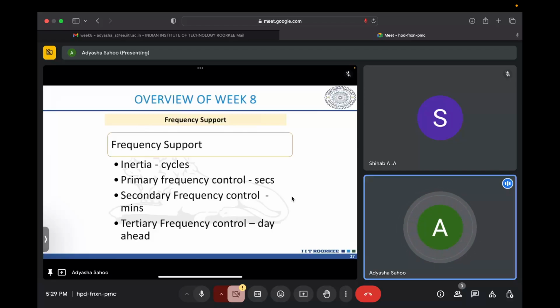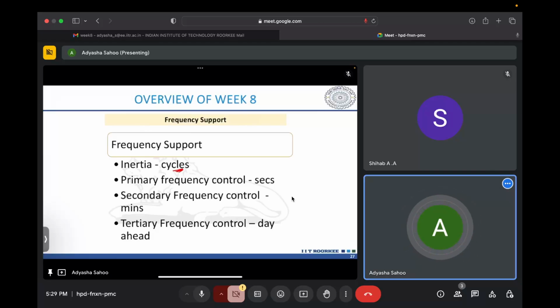The first action that takes place is your inertia, which happens on a time scale of cycles. Since these generators have very heavy rotational parts, the kinetic energy stored in these machines is used to support the frequency.